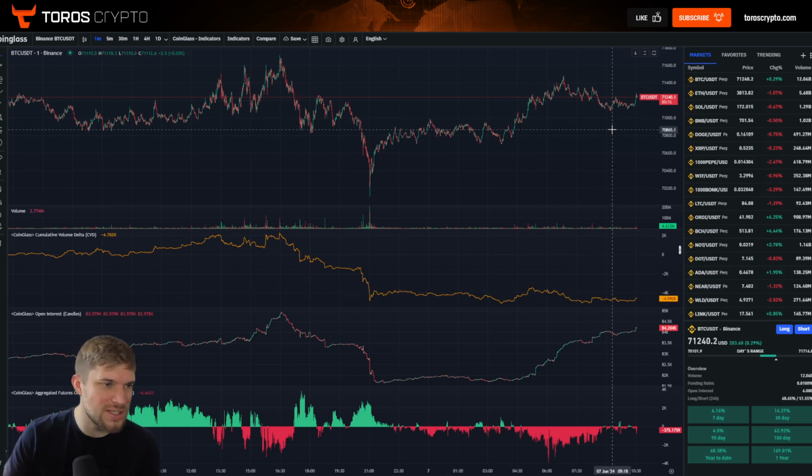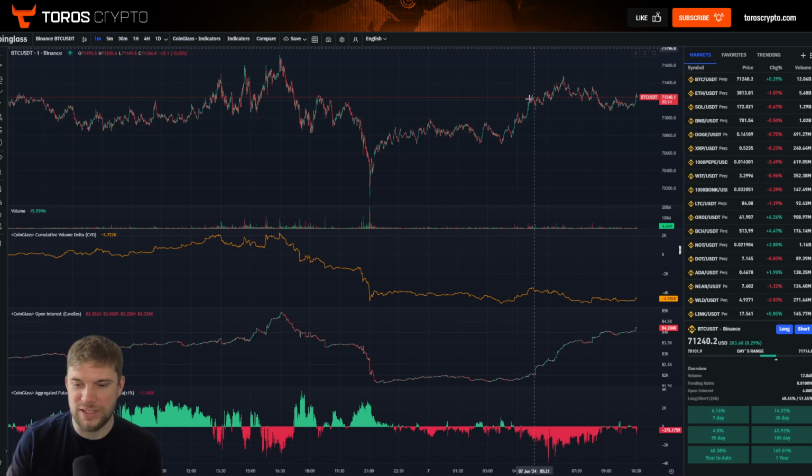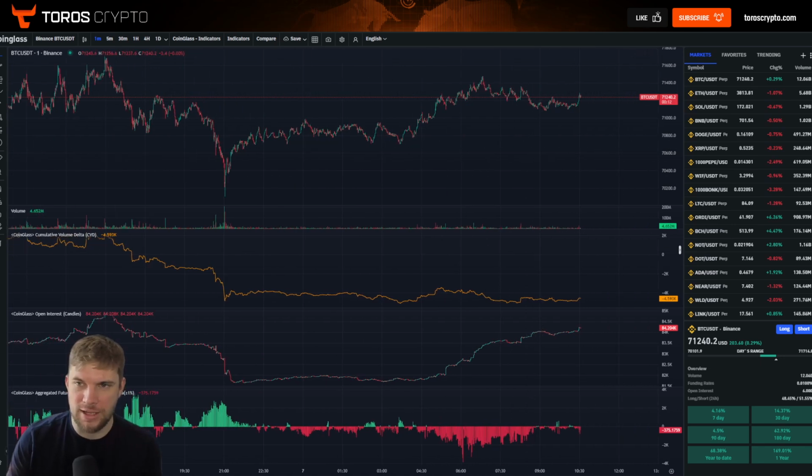There's nothing too crazy going on. I don't think we really start to see a squeeze until we break highs. So I do think that this could just continue ranging for a little bit, keep building that open interest, shake some people out on both sides, see how it goes. It's fairly balanced.